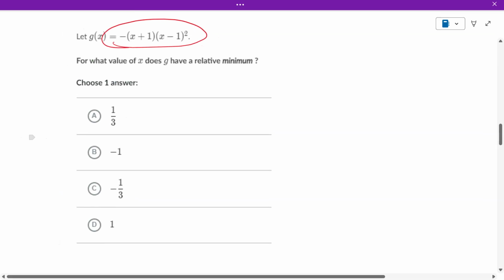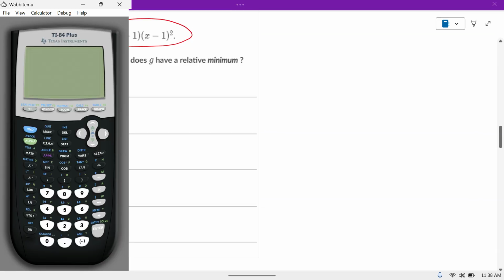All right. So we go to y equals, clear. Negative of x plus 1 times x minus 1 quantity squared. If we go zoom, 6, just like graph.